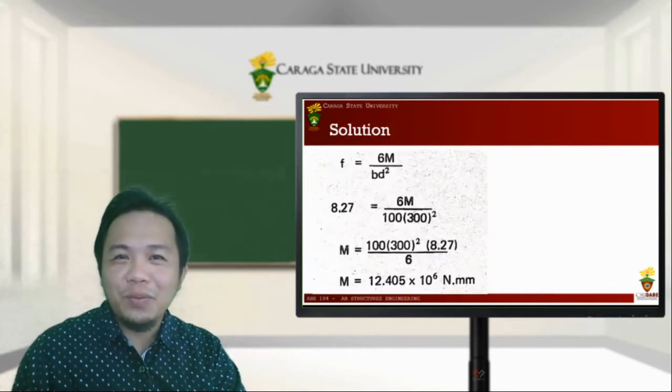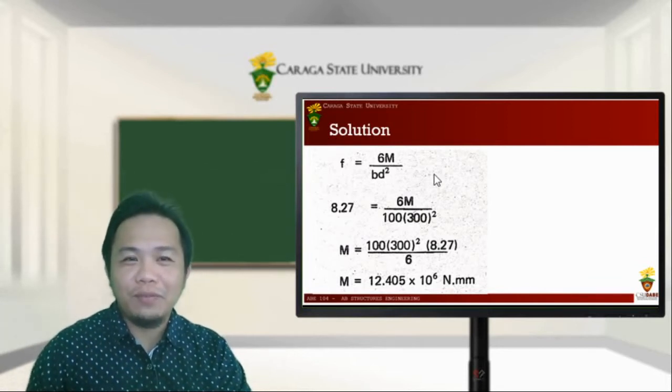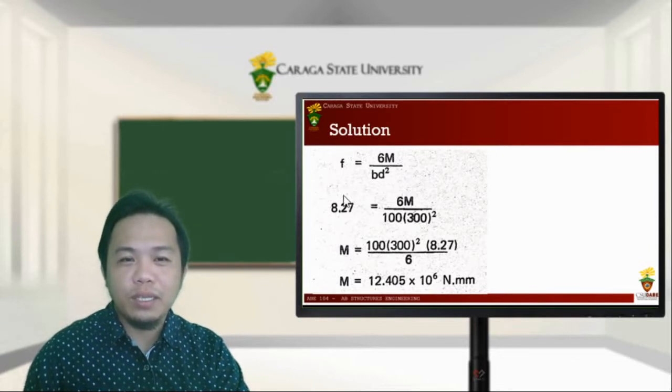Again, recall that we already reduced the formula for a rectangular beam. For bending stress, we have 6M over bd squared. Given the allowable bending stress, which is 8.27, the bending moment is unknown, then we have the width 100 and 300 for the depth.